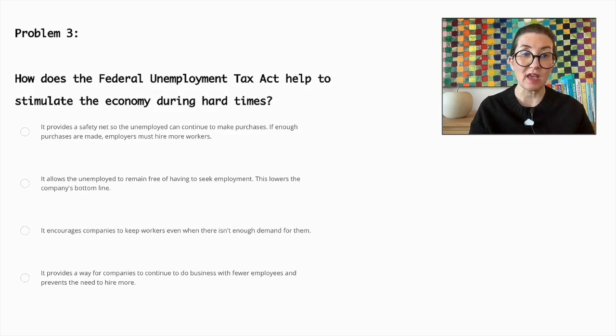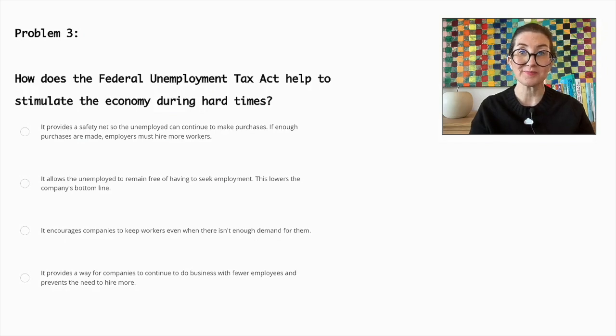It allows the unemployed to remain free of having to seek employment. This lowers the company's bottom line. It encourages companies to keep workers even when there isn't enough demand for them. Or it provides a way for companies to continue to do business with fewer employees and prevents the need to hire more.